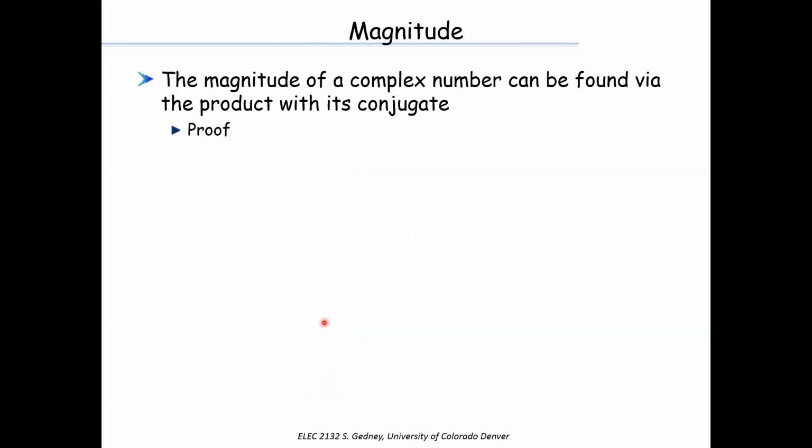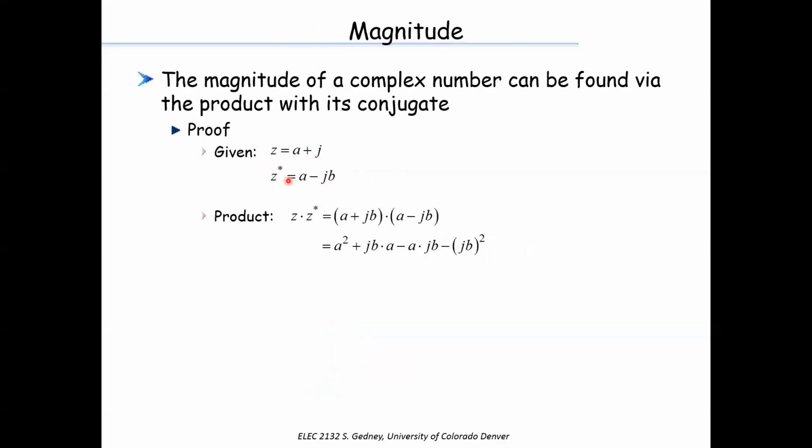One interesting thing about a complex conjugate is that if I multiply any number by its complex conjugate, so I take z as a plus jb, and multiply it by its conjugate, this theorem says I'm going to get the magnitude squared. Let's prove that. Let's take the product of z with its conjugate.